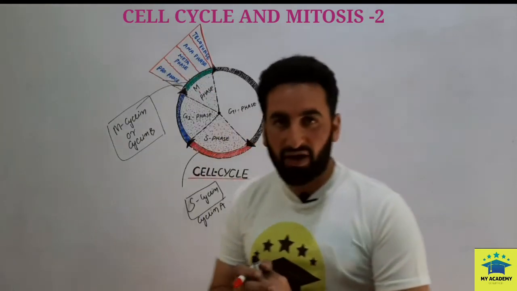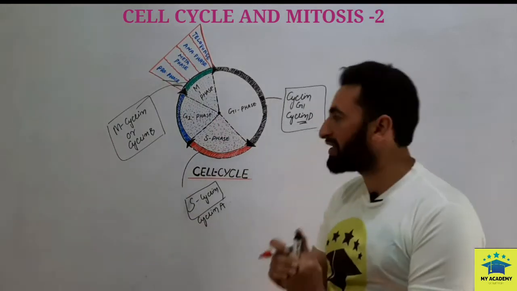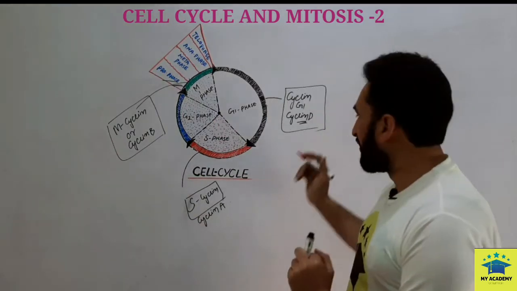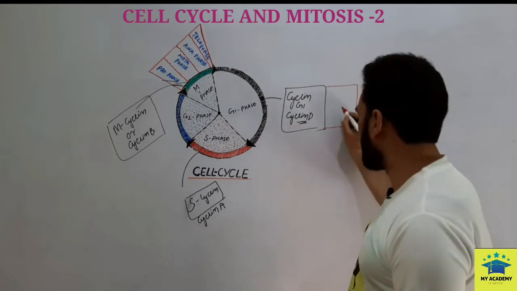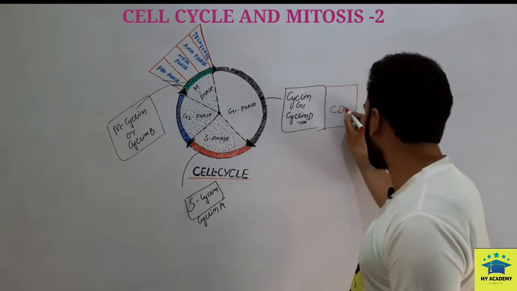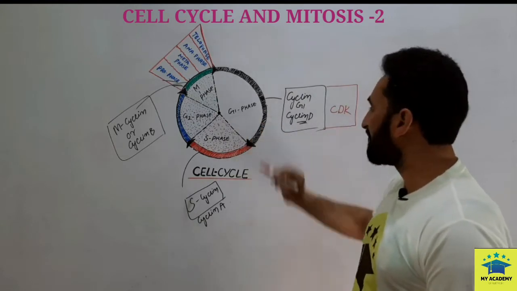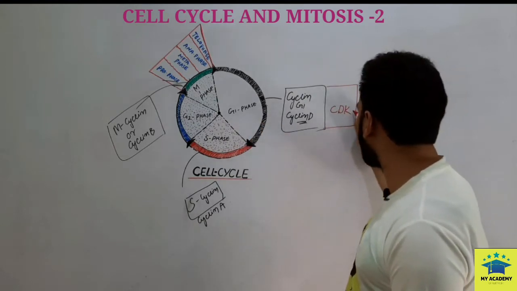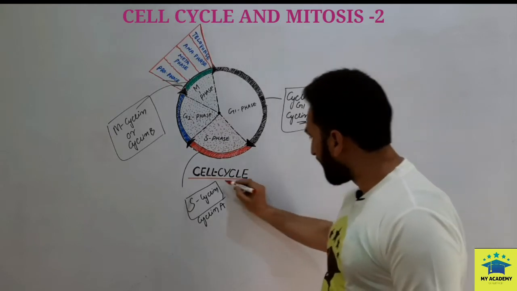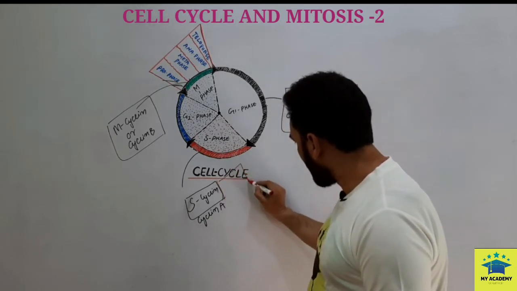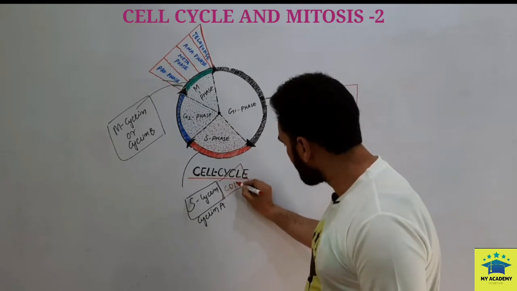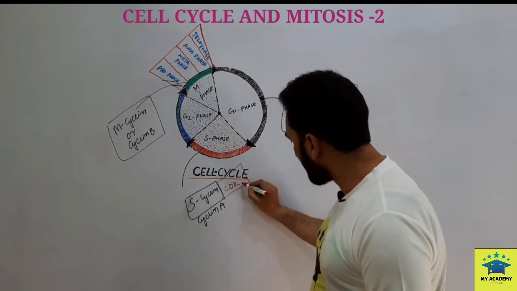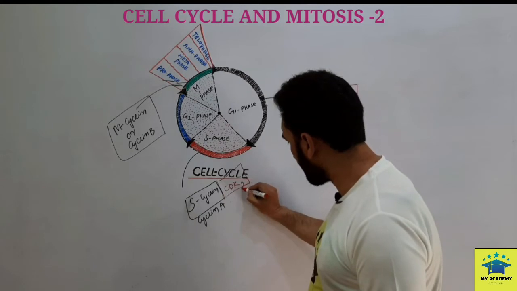In a cell, cyclin dependent kinases are already present, which associate with these cyclin molecules. For example, for the G1 phase, we have cyclin dependent kinase 4. For S cyclin, we have CDK2.